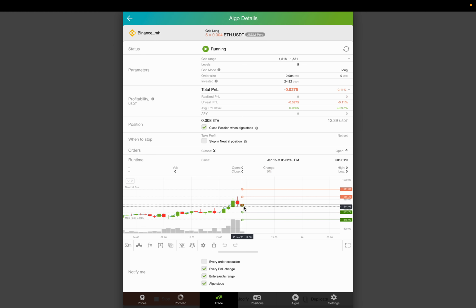Of course, if it stays within the range for longer, that proportion will shift. And you will immediately see the price keep moving up, whereas in neutral grid, unrealized P&L almost always is negative. Here, it will turn positive quite fast when the price starts rising.